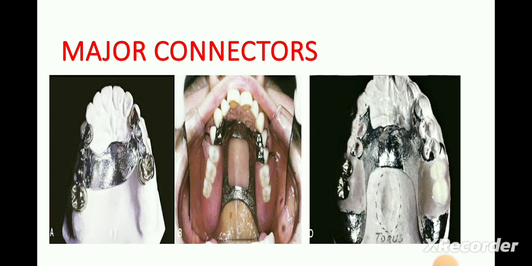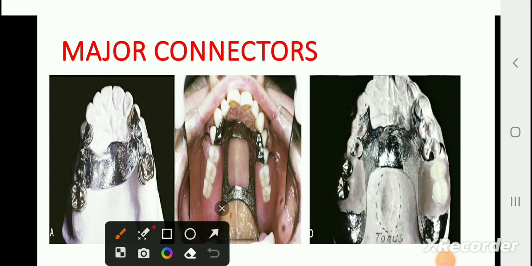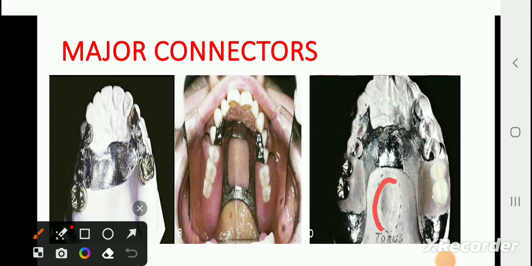This is the maxillary major connector. Relief is not routinely indicated for the palatal or maxillary major connector, except in the presence of hard median palatal raphe or torus. See, this is the torus. If torus is present and has to be covered with the maxillary major connector, then relief is a must.